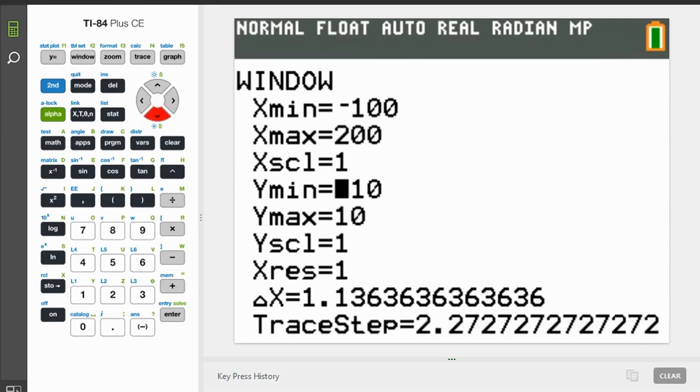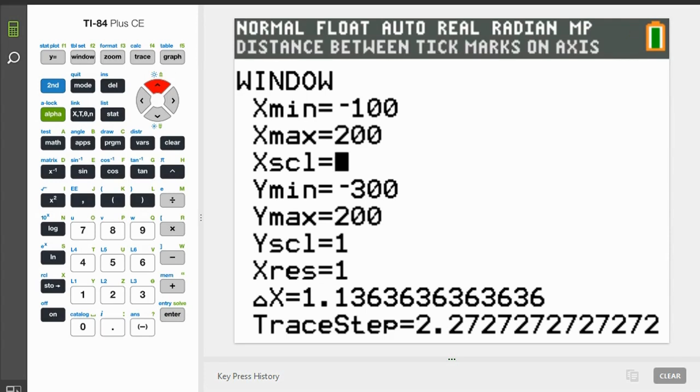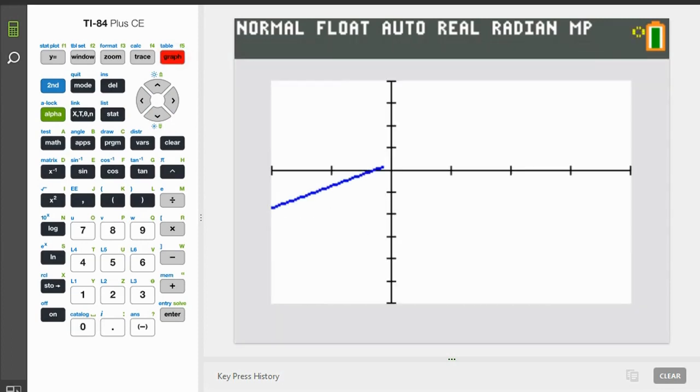I'm just randomly picking things just to show you that you can zoom out pretty significantly. Your scale, if I'm going from negative 100 to 200, I might want my x scale to be 50 and my y scale to be 50. So then the tick marks occur every 50. So I just zoomed way far out.